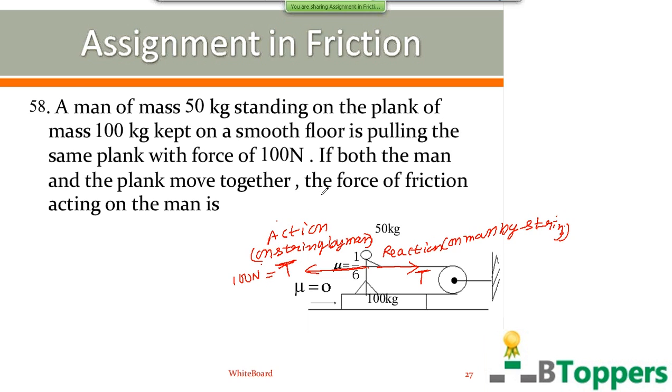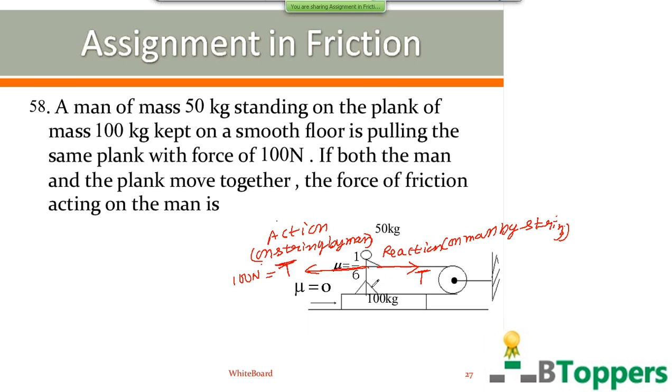It is given that the man pulls the string with a horizontal force of magnitude 100 newtons. So the man experiences a force T towards right side. So the man tends to move towards right side.